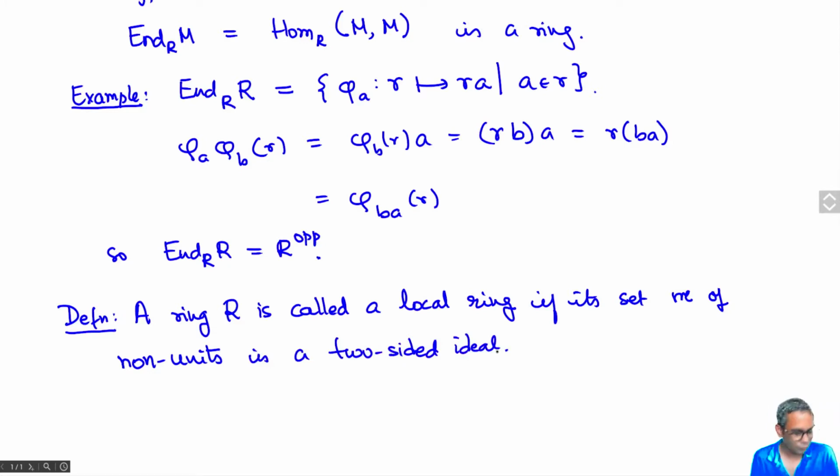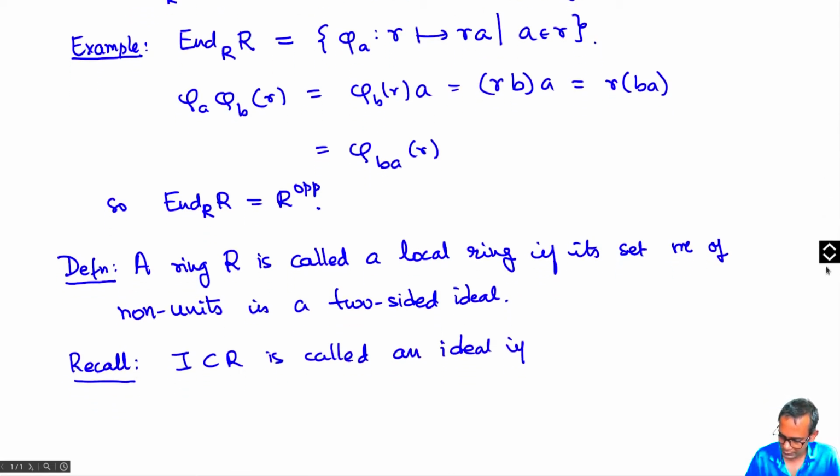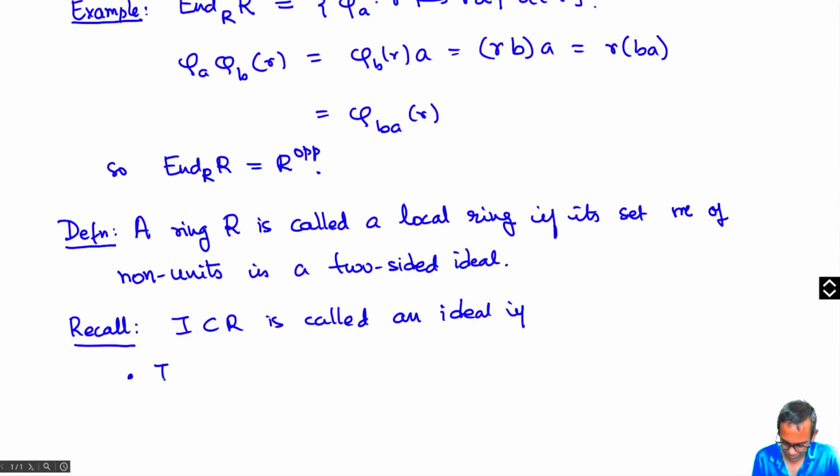Okay, what is the meaning of an ideal? You can recall from algebra 1. I is called an ideal if, firstly, I is a subgroup of the additive group.